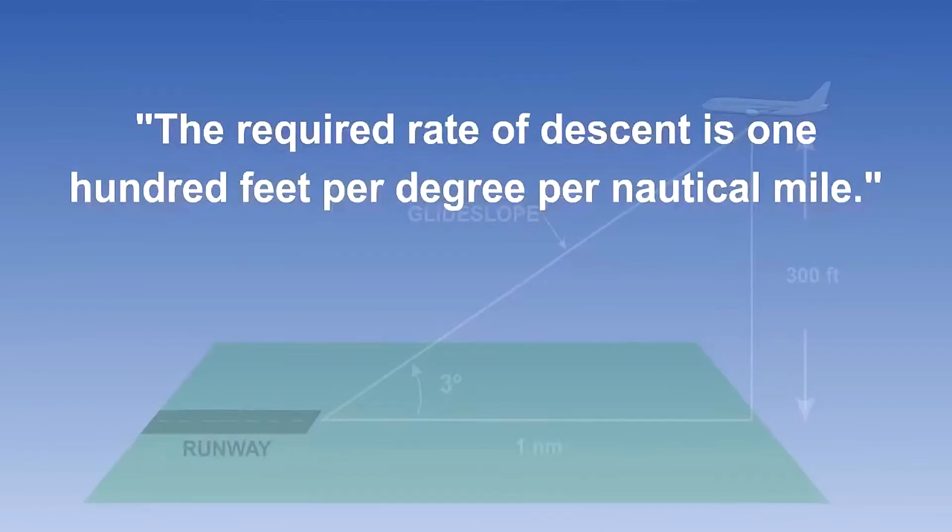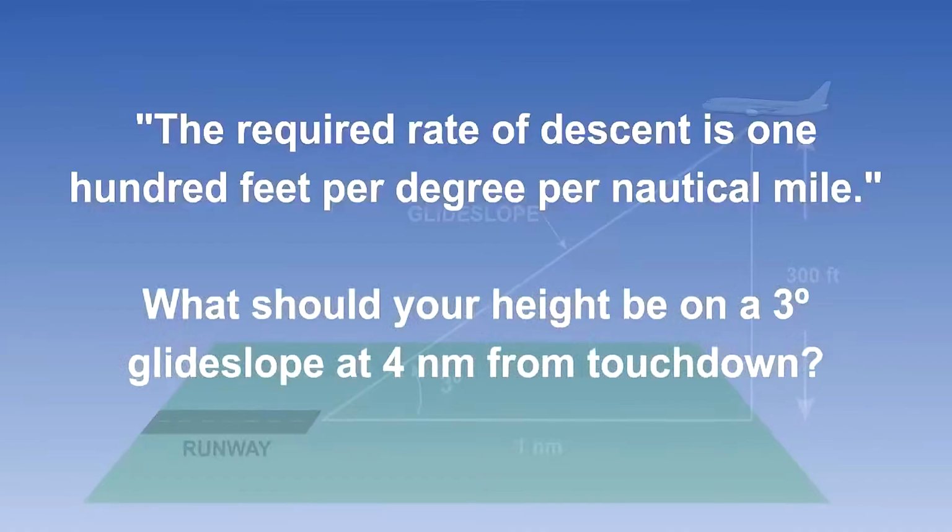Now, try some practical examples. What should your height be on a 3-degree glide slope at 4 miles from touchdown? (1,200 feet).